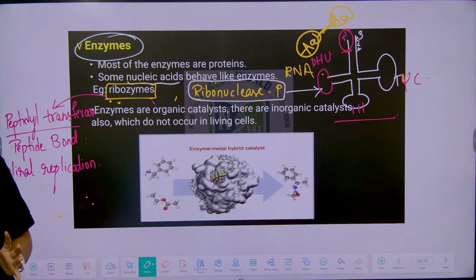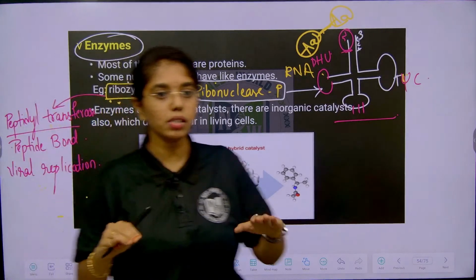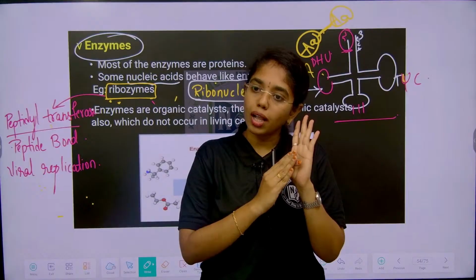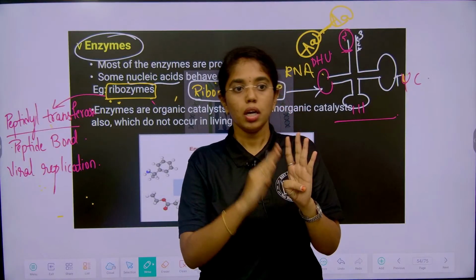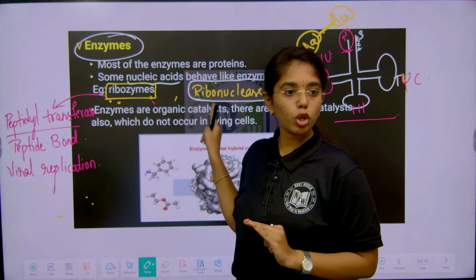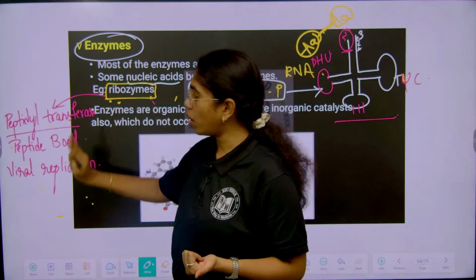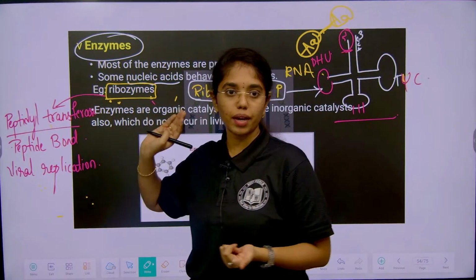These are the minute mol bio functions. If you remember, you remember. But to what extent you have to remember for your exam level is, almost all the enzymes are proteinaceous in nature. Quite a few exceptions are there. Along with ribozyme, remember ribonuclease P as well. Ribozyme functions: peptide bond formation, helps in viral replication.